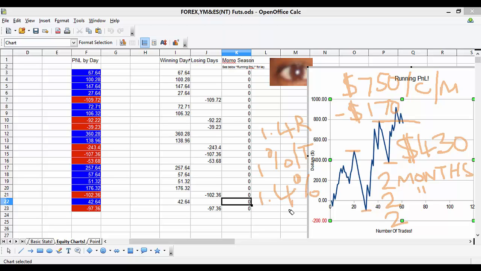And if you trade 48 weeks out of the year, you can do the math: 1.4 times 48 is 67.2% per year after costs. That's not shabby if you have a 100k account or a $200,000 account.